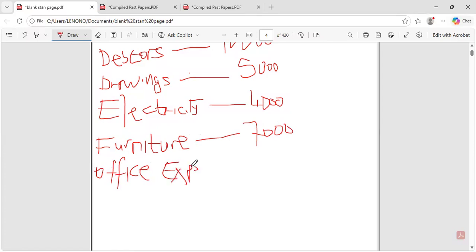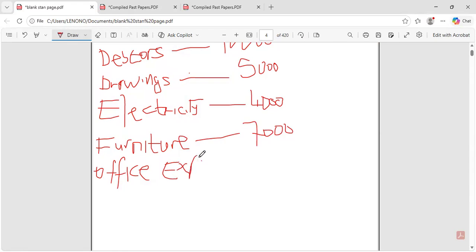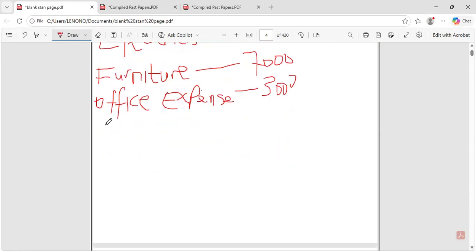So office expenses, how much? Office expenses, 3,000. Salaries and wages, 25,000.